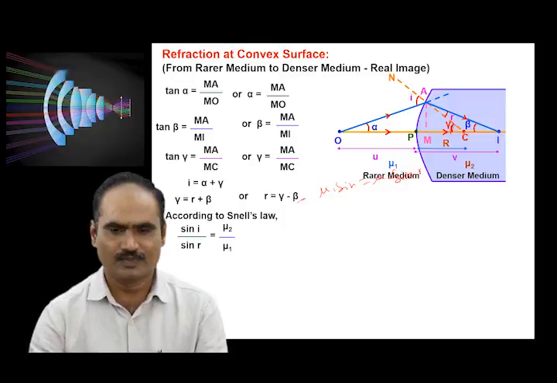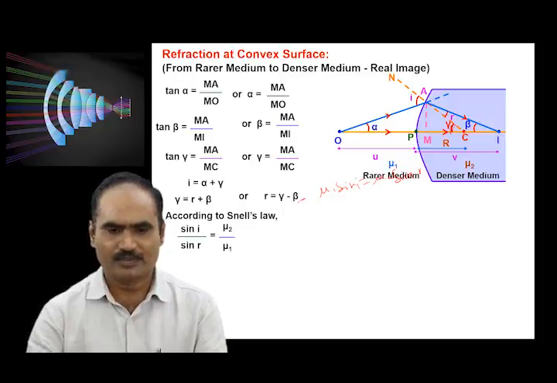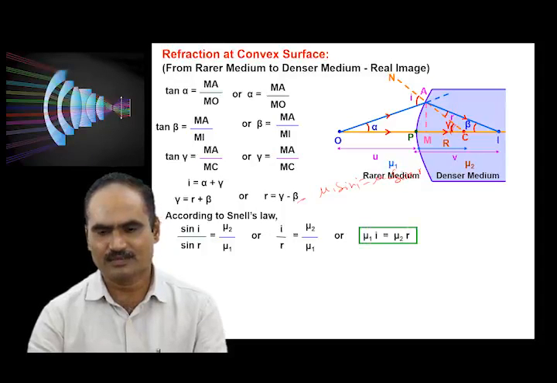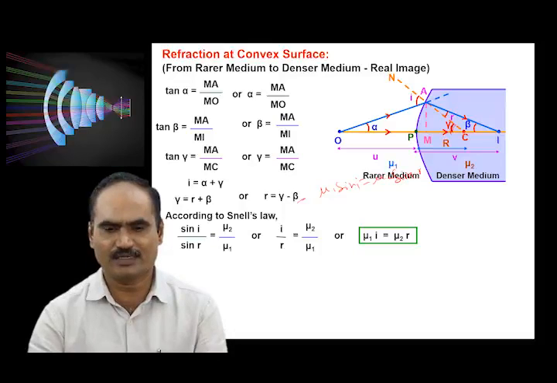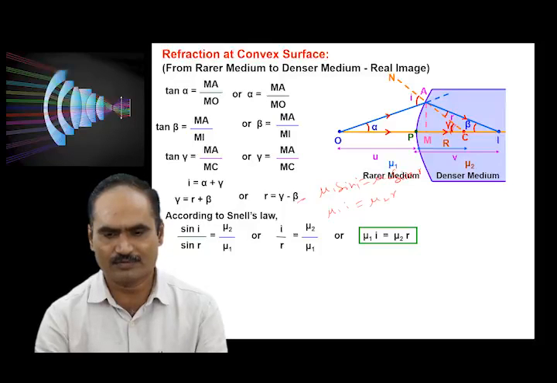So sin i by sin r is equal to mu2 by mu1. For small angles, you can write i by r is equal to mu2 by mu1. That is, mu1 into i is equal to mu2 into r.